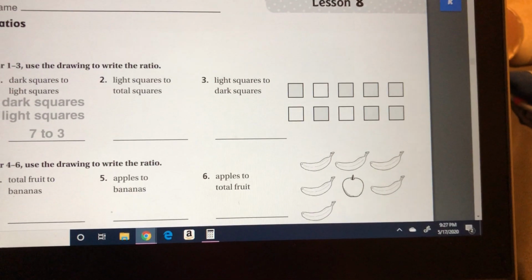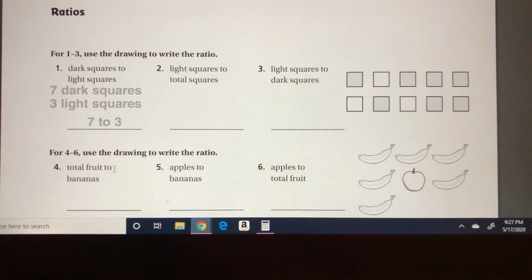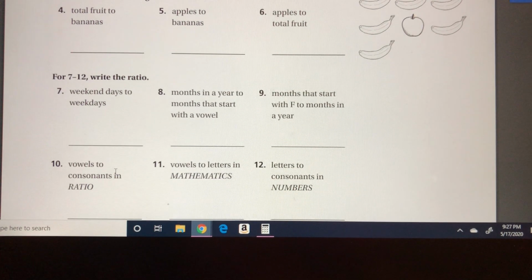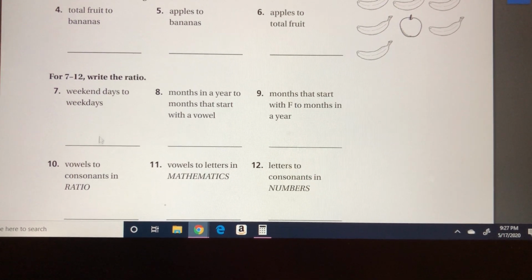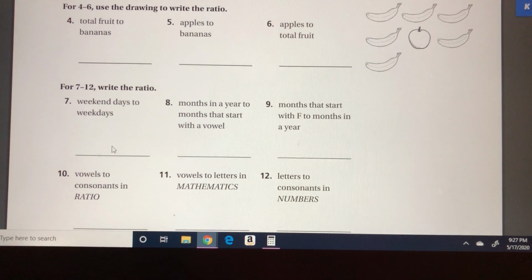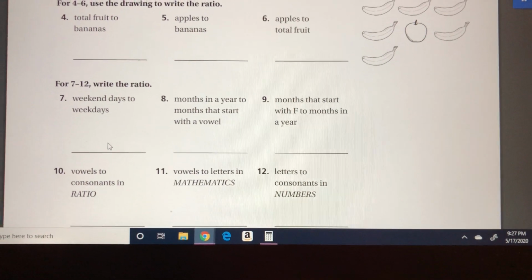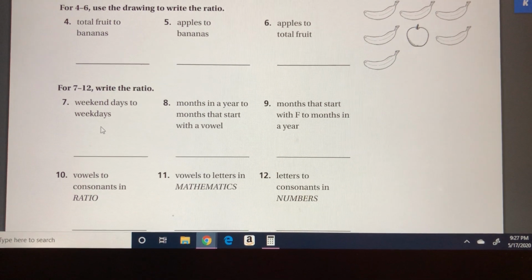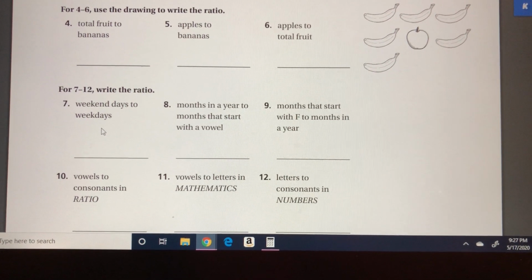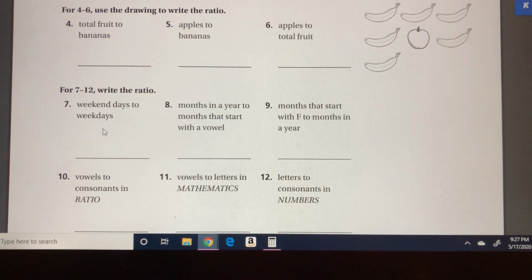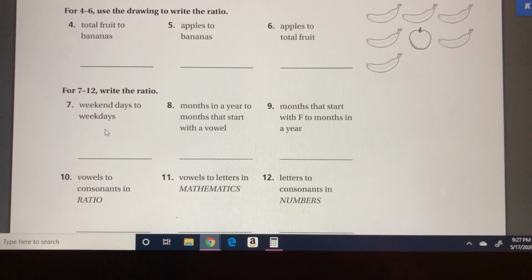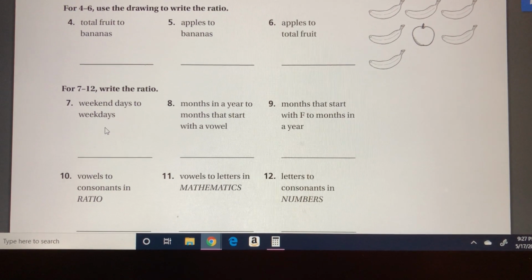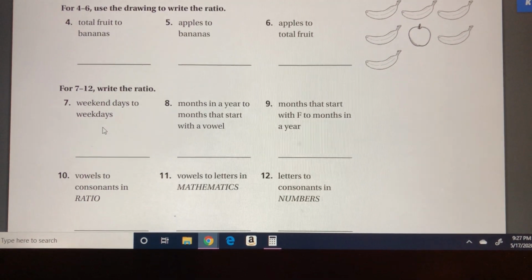Let me see if there's another one. Okay, when we do these, they're not gonna have diagrams. It's just reading and writing the numbers that correspond. So weekend days to weekdays. So we know that in the weekend, it's Saturday, Sunday. That would be two days, and Monday through Friday are weekdays, work days.